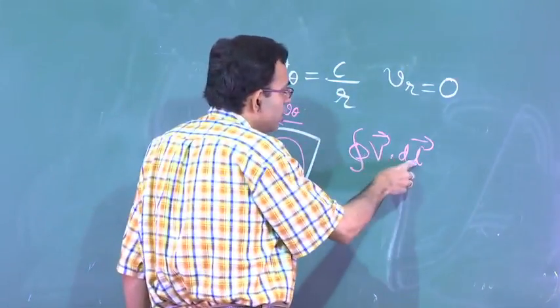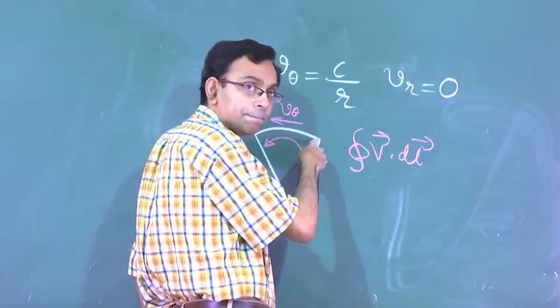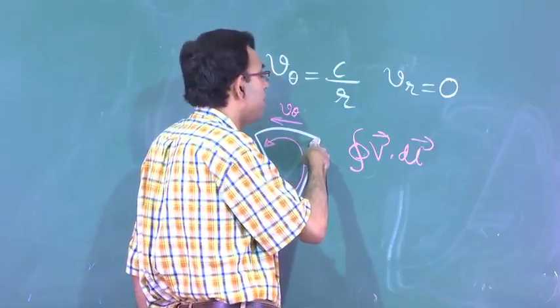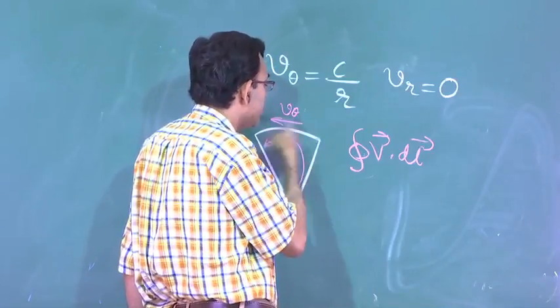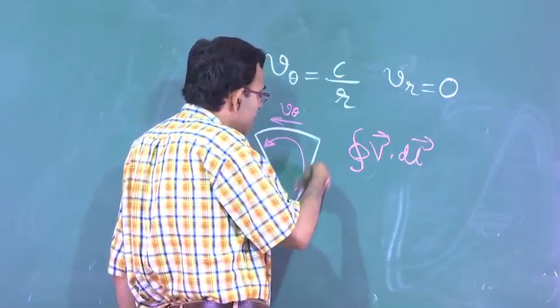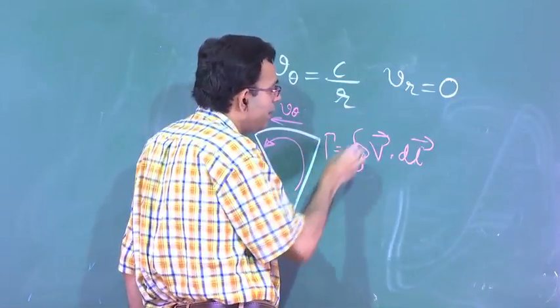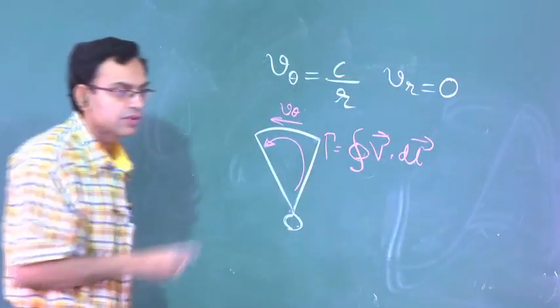So, the dot product of the line element and the V theta along this line is 0 because they are perpendicular, along this line 0, but along this line it is not 0. Therefore, if you consider this contour, then the circulation which we call gamma is not equal to 0.